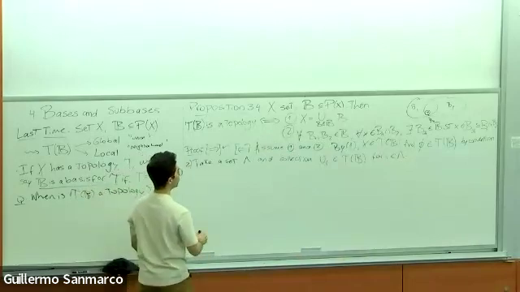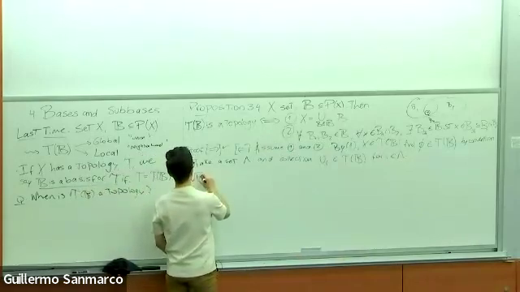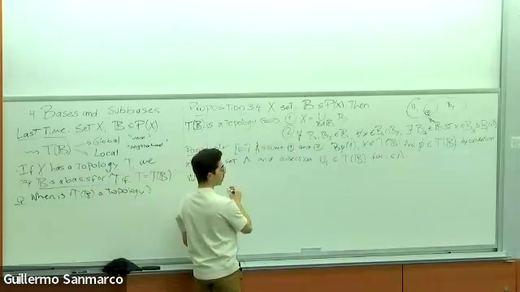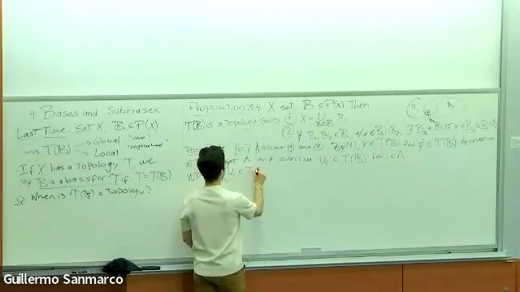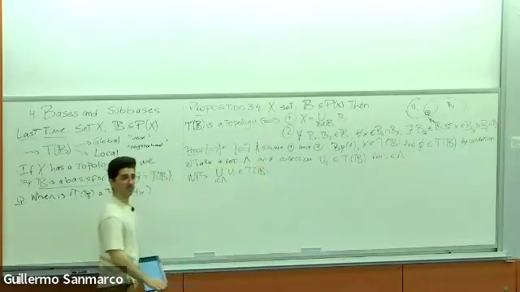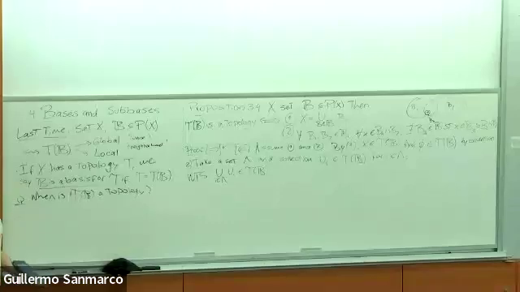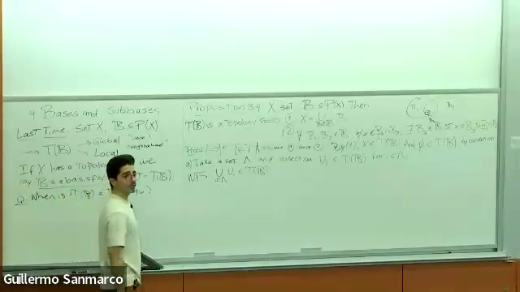And what we want to show is the union of these U_i is also in T of B. And that's for free. If we use the global description, it's absolutely for free.